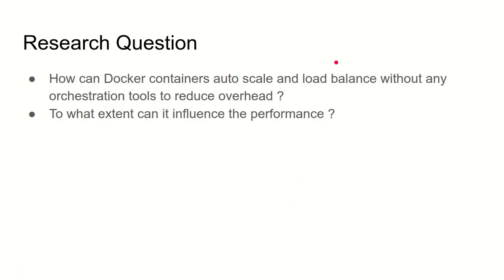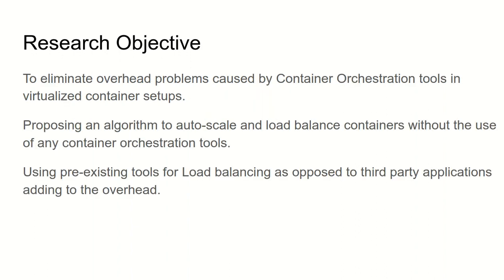So the research question was, how can Docker containers auto-scale and load balance without any orchestration tools to reduce overhead? And to what extent can it influence the performance? So the research objective was to eliminate overhead problems caused by container orchestration tools in virtualized container setups, proposing an algorithm to auto-scale and load balance.